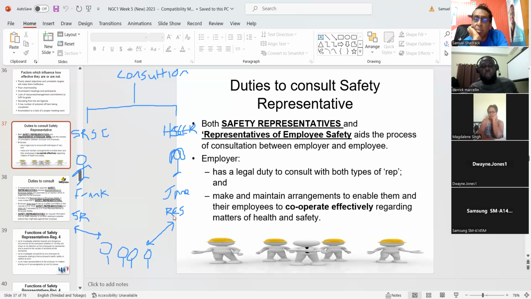Now, that is actually the job of the teacher. So now the prefect does it. The prefects are not being paid, though. The teacher is not paying the prefect for that, right? So that role I tell you there, the representative of employee safety, you all know how they select a prefect.